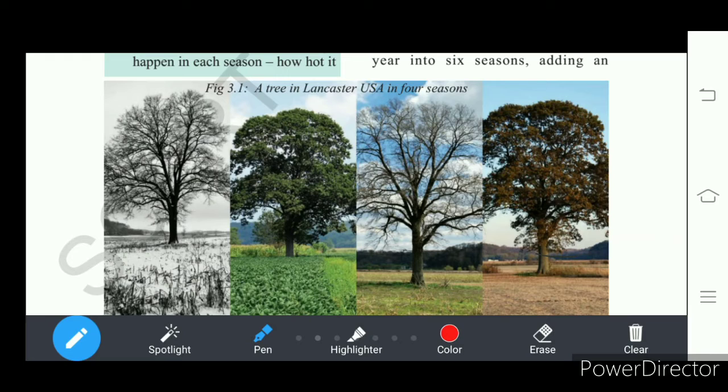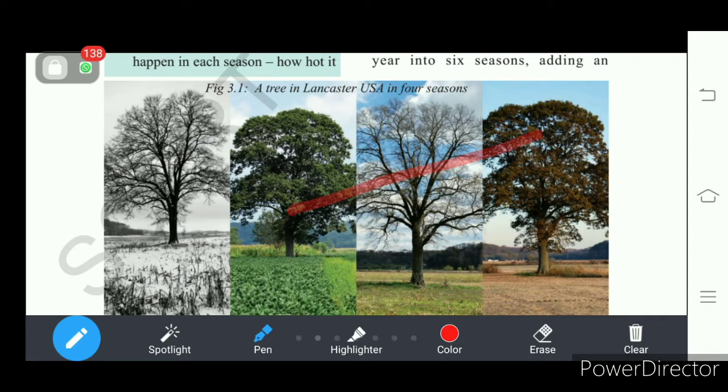So this figure 3.1 shows the changes taking place around the world. And with this place, Lancaster, we can understand that there are changes in all the places, right?